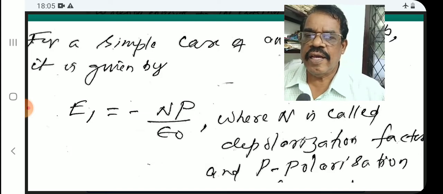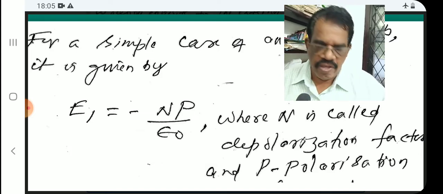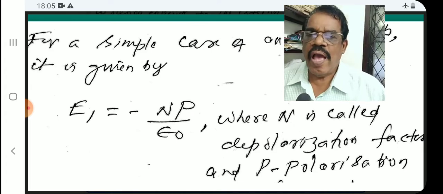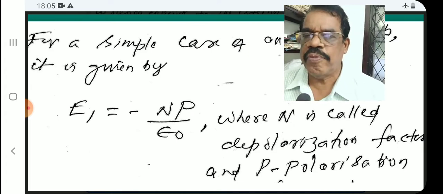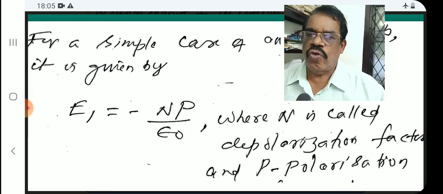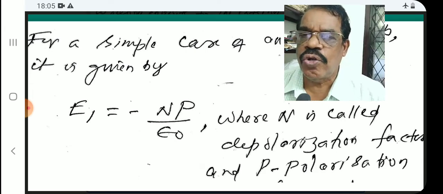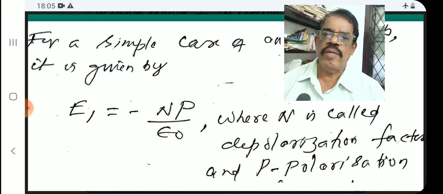If we take not Avogadro number but give a value N, it assumes 1 for most dielectrics. So when we put N is 1, we get E1 is equal to minus P by epsilon 0, which is the relation we have seen previously.